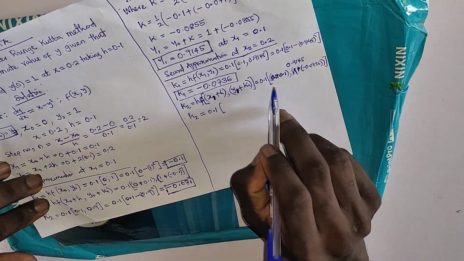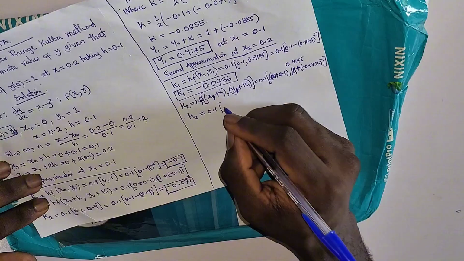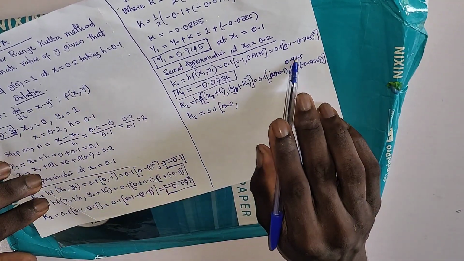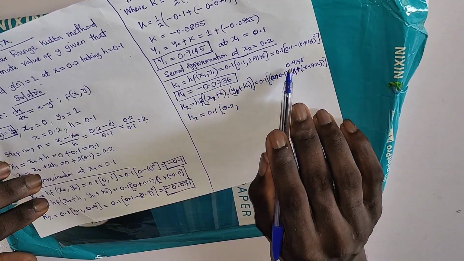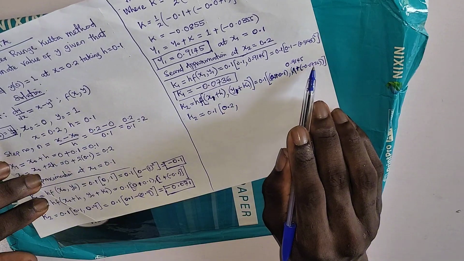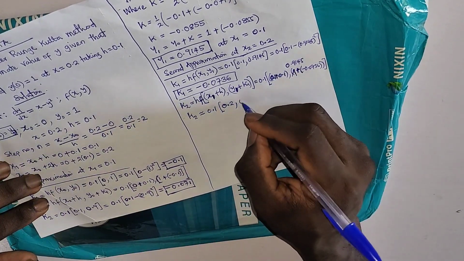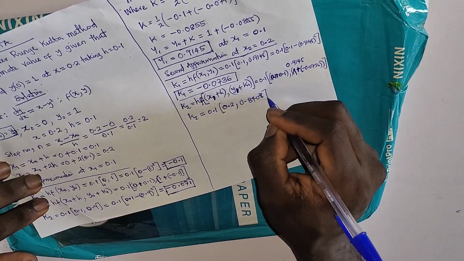So we are going to say we have 0.1, and now 0.1 plus 0.1 will give us 0.2. Then 0.9145 plus negative 0.0736, so we say 0.9145 minus 0.0736. That is going to give us 0.8408 when I use my calculator.